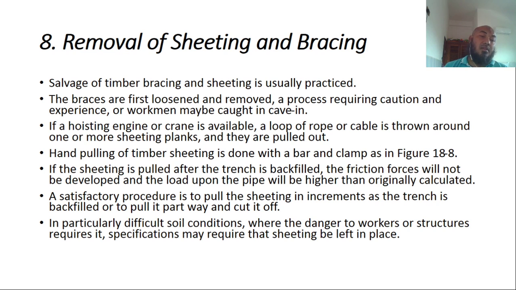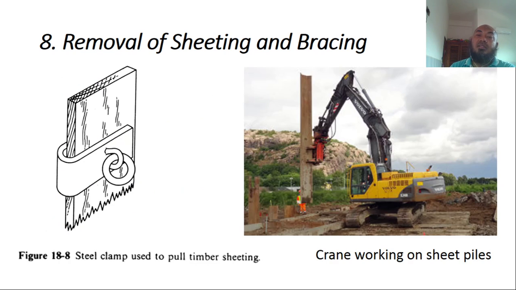In particularly difficult soil conditions where the danger to workers or structure requires it, specification may require that sheeting be left in place. So this is removal of sheeting and bracing.